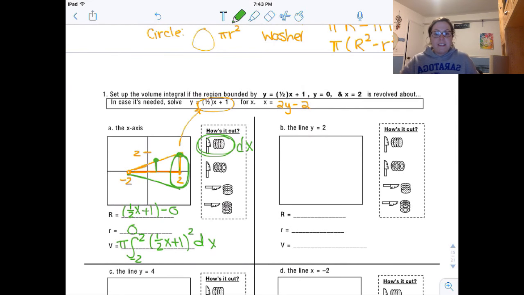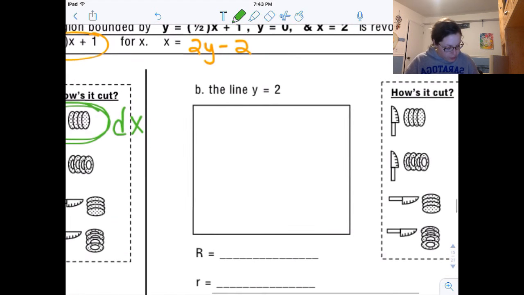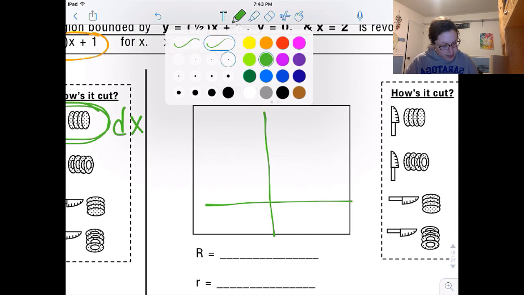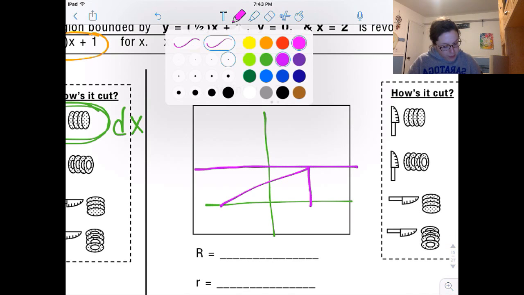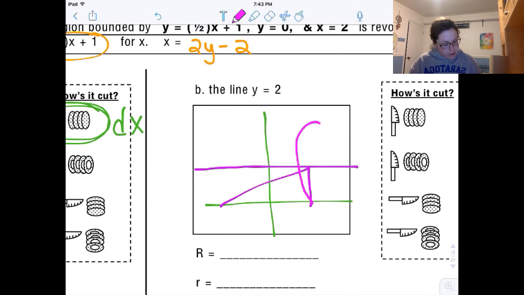All right, next one. Let's rotate that same region around y equals 2. So this same sort of region, I'm going to sketch it in. So it looks like this, and it goes around y equals 2, which we already figured out was right here. So thinking about the way that this is going to revolve, this would revolve up and around, right?